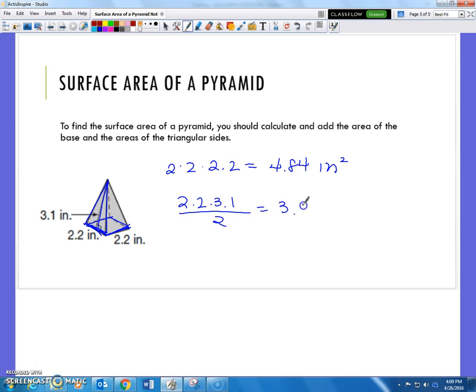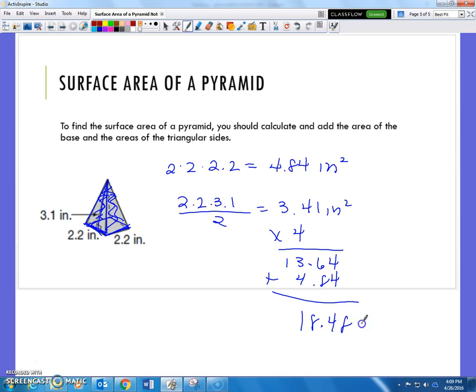That's 3.41 square inches. And I don't have just one triangle, I have 4 of the same exact triangle. So if I take that times 4, that will be the surface area of the outside. 13.64 plus the 4.84 for the base equals 18.48 square inches. Okay, that is the surface area of the square pyramid.